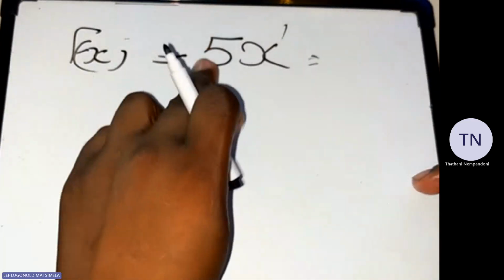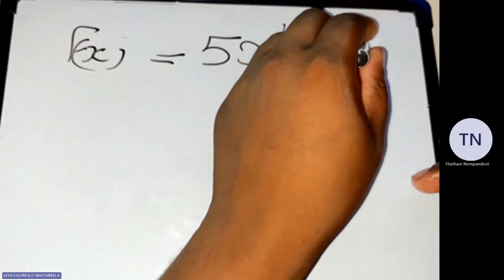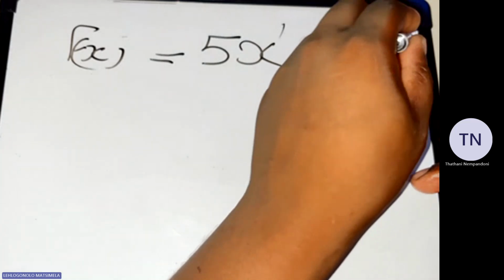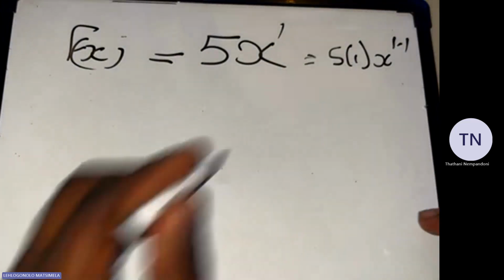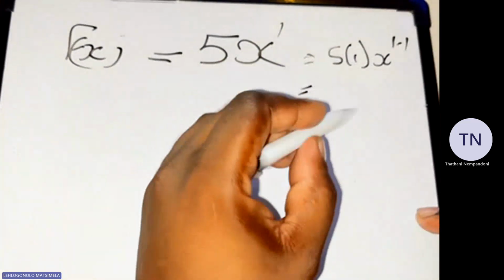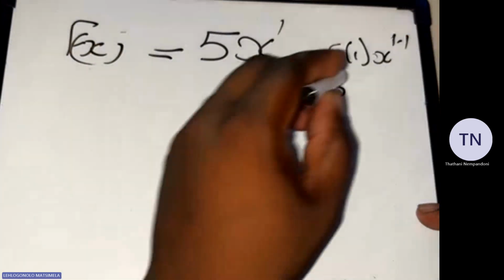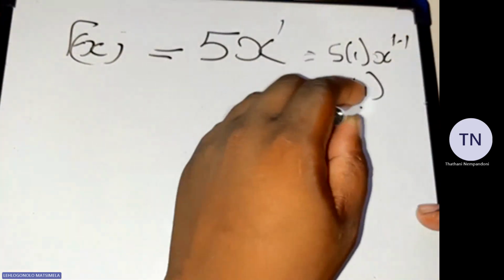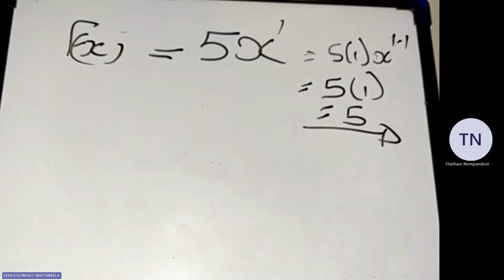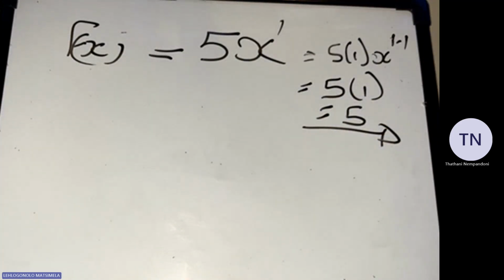So say exponent multiplied by coefficient, we will have 5 multiplied by 1, and then exponent minus 1. So here, the simple answer, we will have 5 multiplied by x to the power of 0, and anything to the power of 0 is 1. So simply the answer here is 5. Which means when we derive with the formula, we must end up finding the answer is equal to 5.